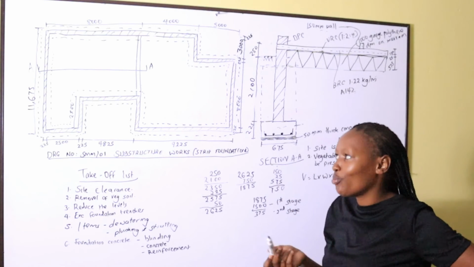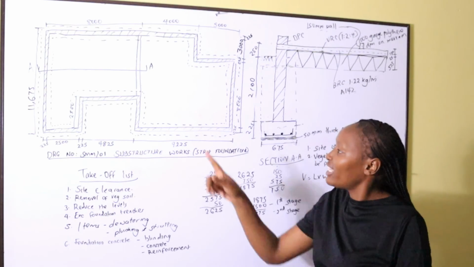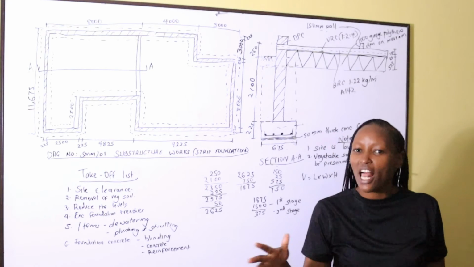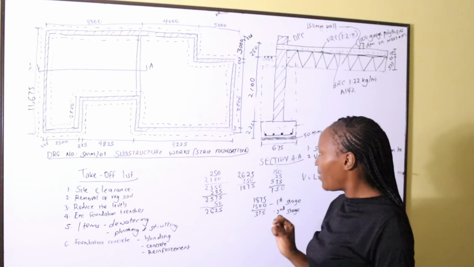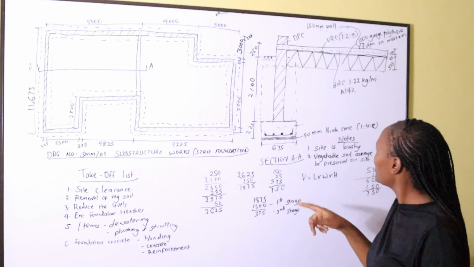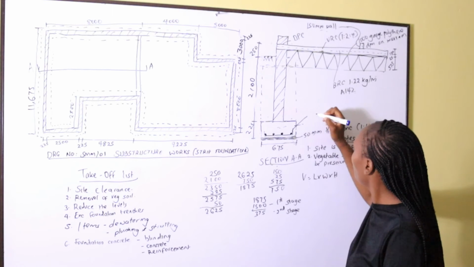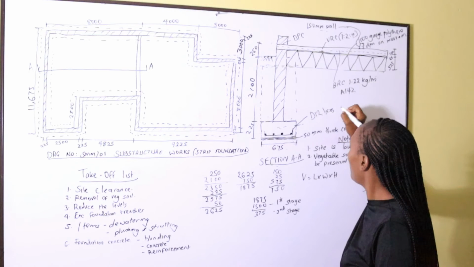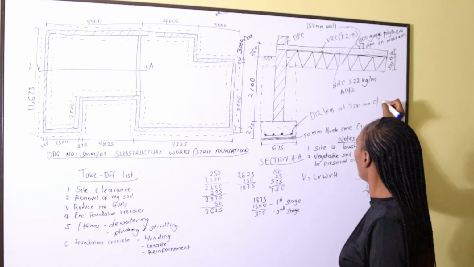How many reinforcement bars? To calculate the number of reinforcement bars, we shall take the total center line, because they are distributed along the center line. We divide by the spacing of the bars, and we are told the spacing of the bars. I did not write it here, but this one was labeled maybe the 12 bars at 200 millimeters center to center.